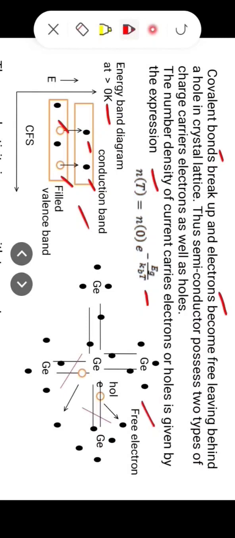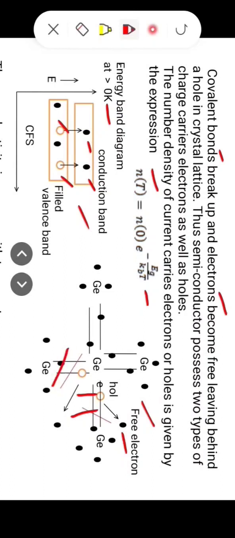Now look at this diagram of germanium which had entered covalent bonds. Now here this bond breaks up. The electron leaves its place, leaving behind a hole in the crystal lattice.